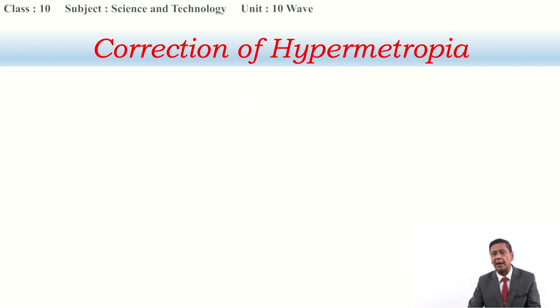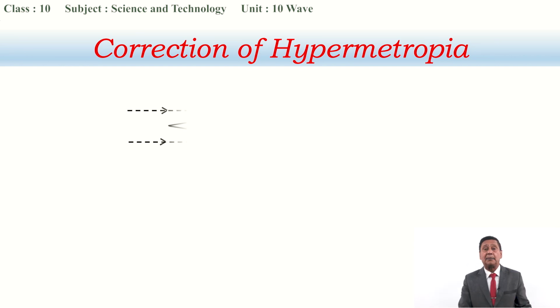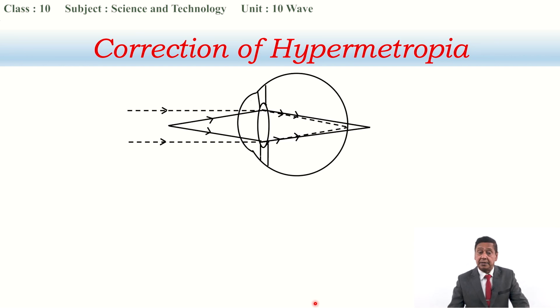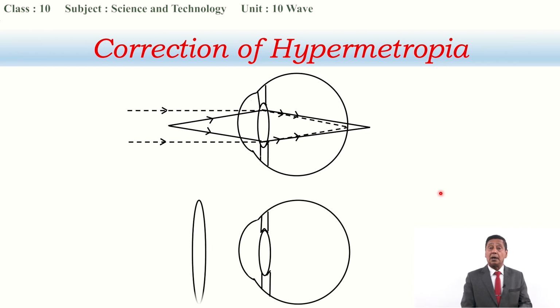Now, what about hypermetropia? In case of hypermetropia, distant objects can be seen clearly. Look at this, it is represented by a dotted line. But near objects are focused behind the retina. Due to this reason, near objects cannot be seen clearly. Now, this problem can be solved by using a convex lens. How?